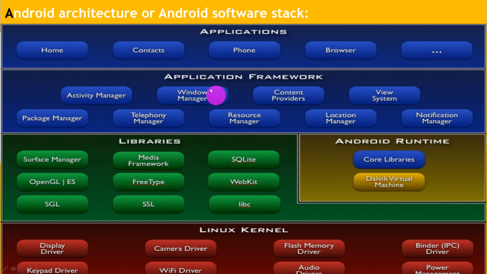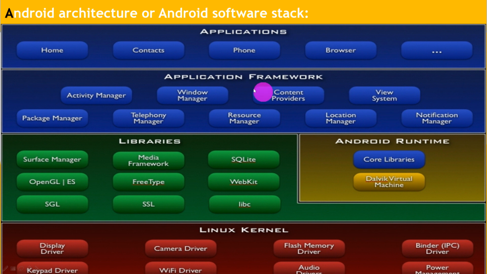Then after this layer, this is the second layer. After the second layer, the third layer is the application framework. Application framework contains activity manager, telephony manager, window manager, package manager, resource manager, content providers, location manager, notification manager, and view system. These are actually APIs, and these different APIs are developed in Java itself.